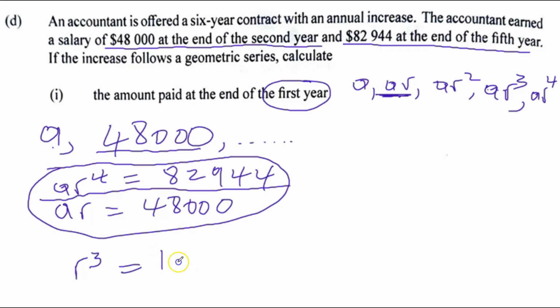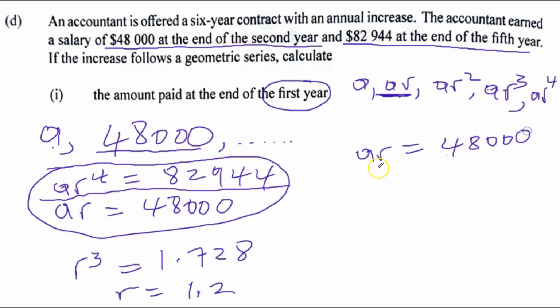That's 1.728. So R is the cube root of 1.728, which is 1.2. So we can now use that to find A. Now remember that we know that AR is 48,000, and we know R is 1.2, so A times 1.2 equals 48,000.